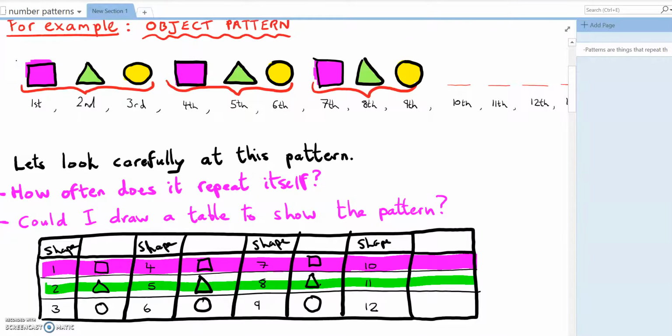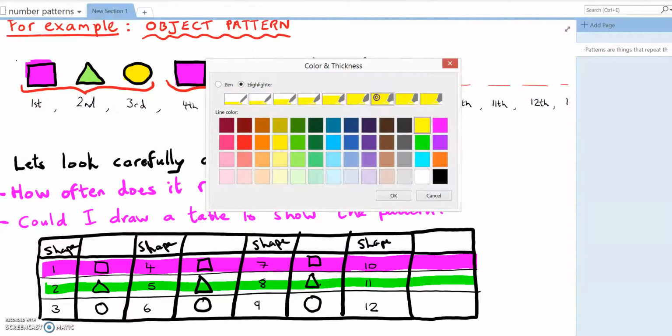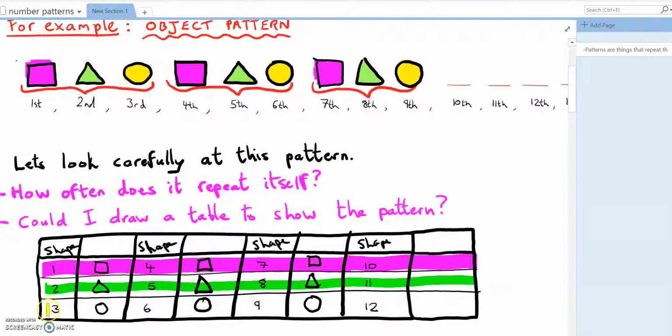And you see my yellow circles along here, the 3rd shape, the 6th shape, the 9th shape, and we can draw a table to predict what the 10th shape is going to be. It's going to be a purple square, the 11th shape is going to be a green triangle, and the 12th shape is going to be a yellow circle.